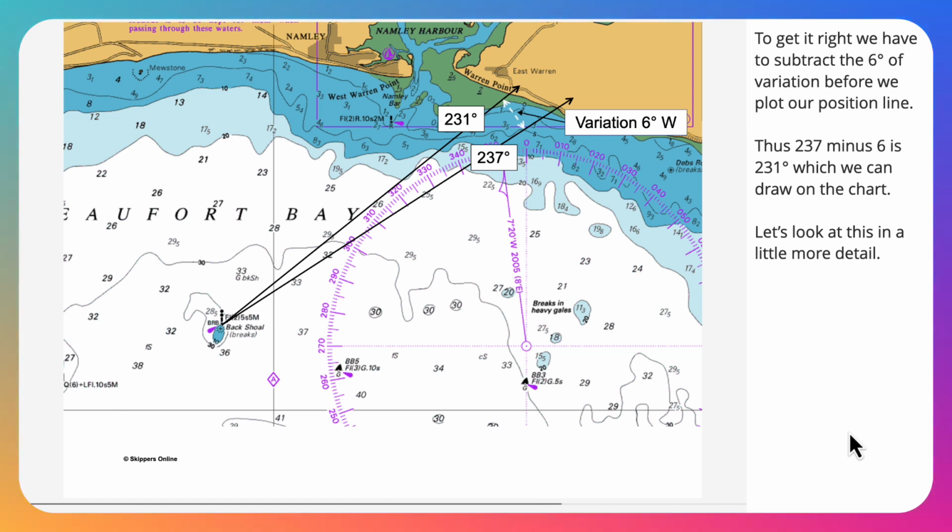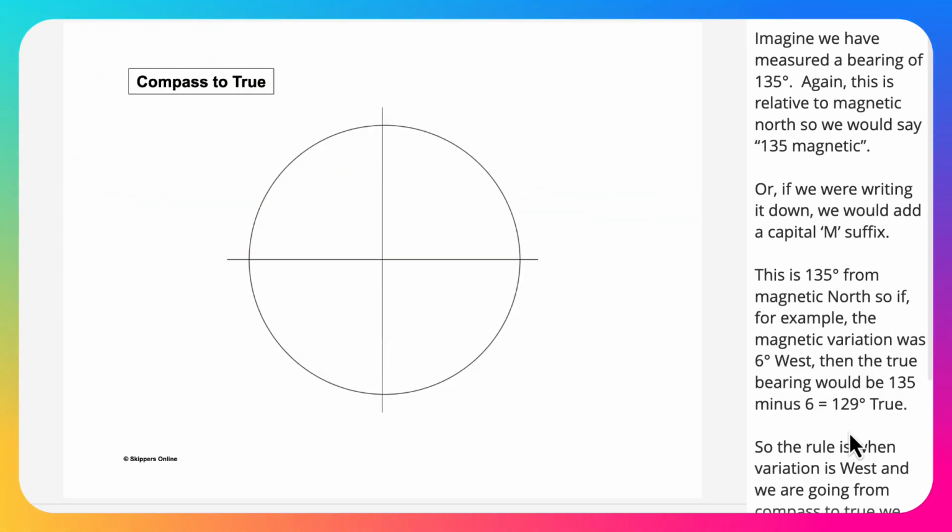Let's look at this in a little more detail. Imagine we have measured a bearing of 135 degrees. Again, this is relative to magnetic north, so we would say 135 degrees magnetic. Or, if we were writing it down, we would add a capital M suffix.